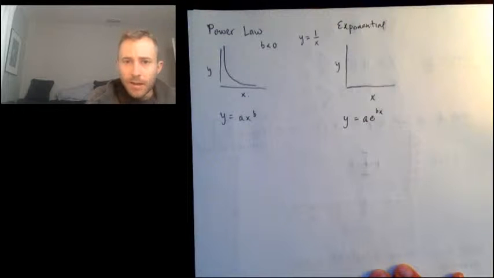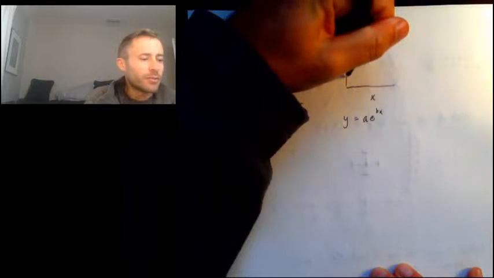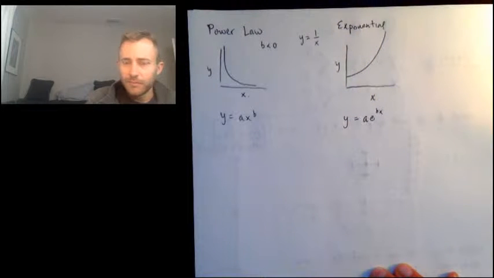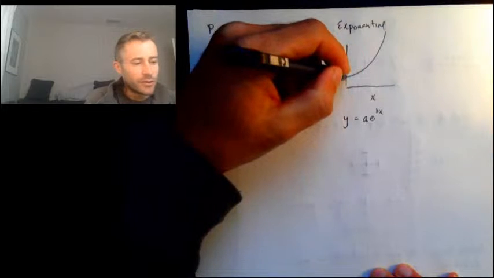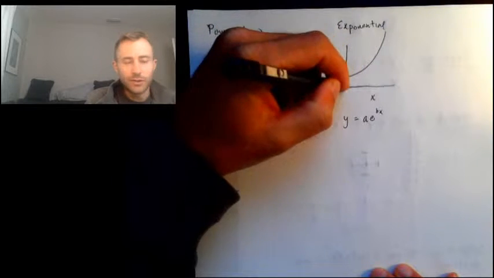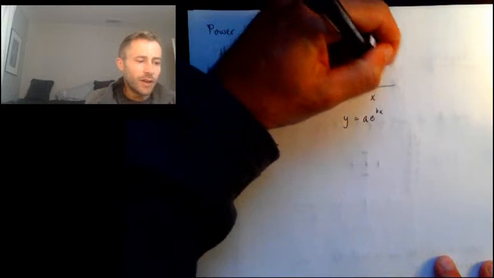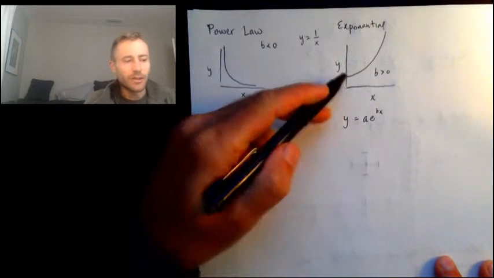Exponential growth looks like this. A couple things about exponential growth: it does not start at 0. This is b greater than 0, and it's called exponential growth.